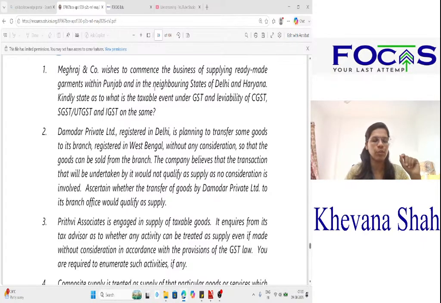So see, whenever you have interstate supplies, in that case we are applying IGST, and if we have intrastate supplies, that is any supplies within the same state or any supplies within the same union territory, in that case we are levying CGST, SGST or UTGST.